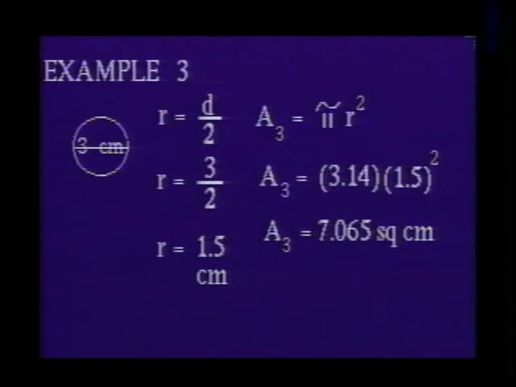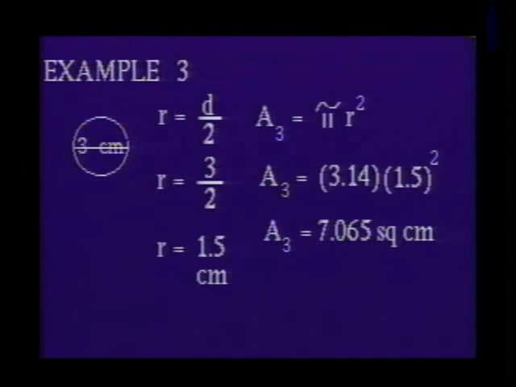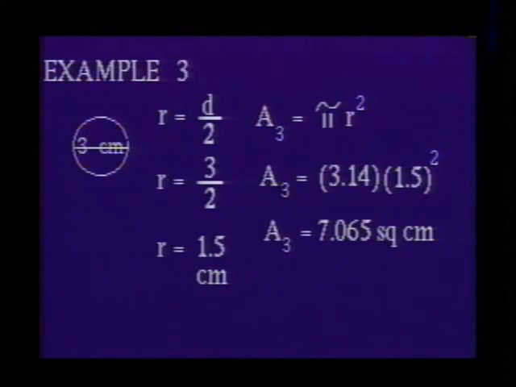Therefore, the radius of the circle with 3 centimeters diameter is 1.5 centimeters. Now we're ready to make the substitutions into the formula. A sub 3 = 3.14 times 1.5 squared. Solving for A sub 3, we get A sub 3 = 7.065 square centimeters.